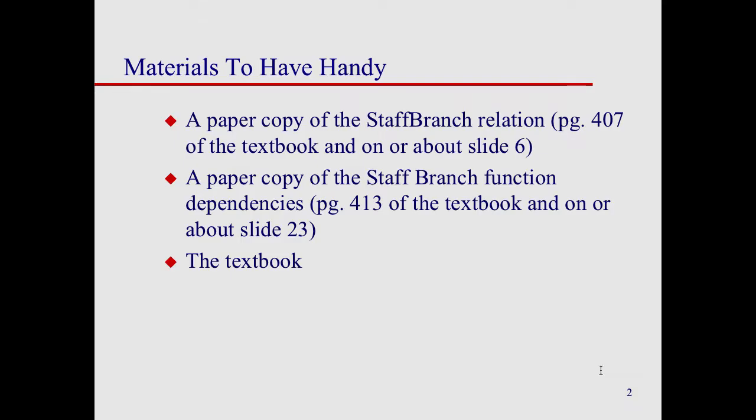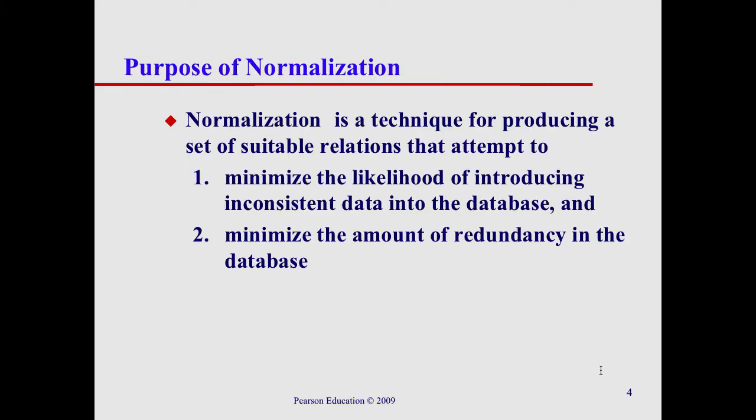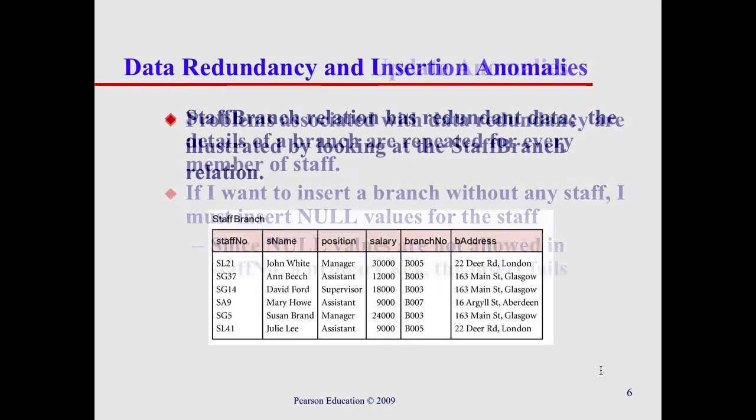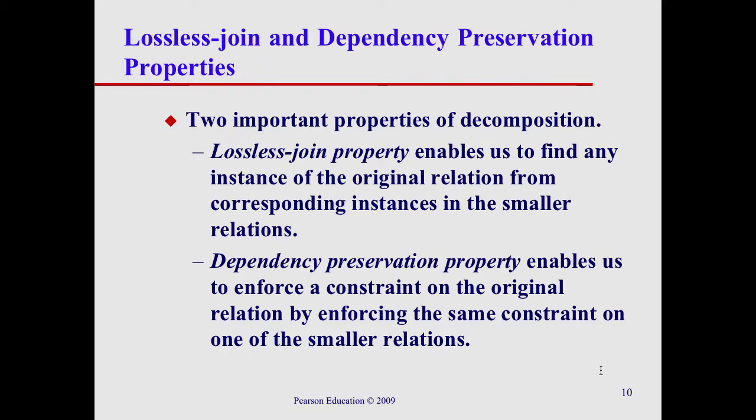Remember, normalization is a design method. It is a bottom-up design method, and it is more of a mathematical approach to designing or decomposing relations. When we do normalization, we're decomposing a relation into smaller relations, and what we're trying to do is preserve two properties.